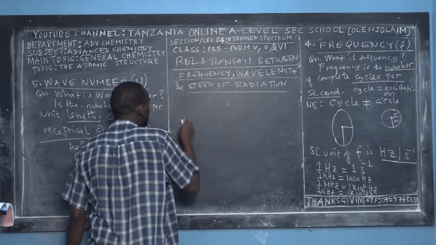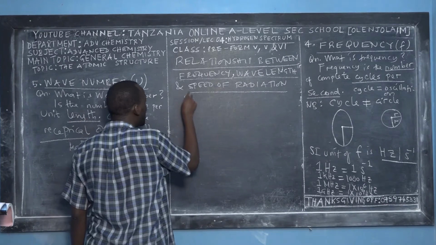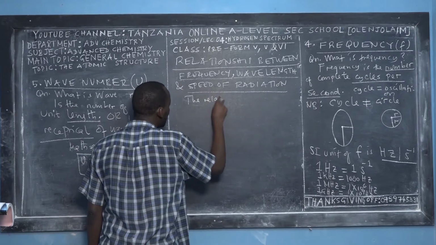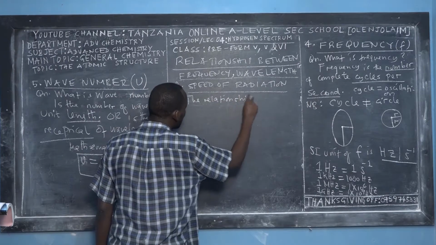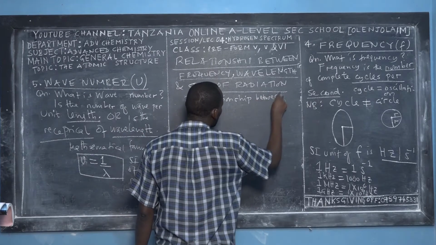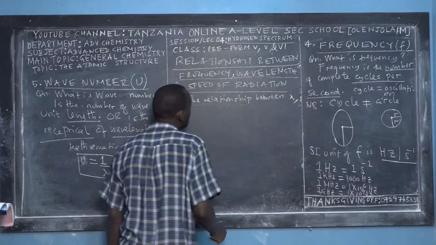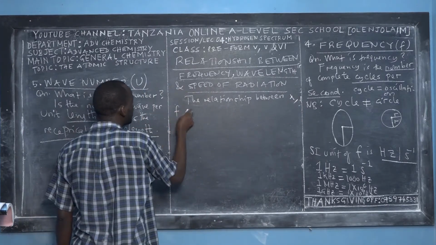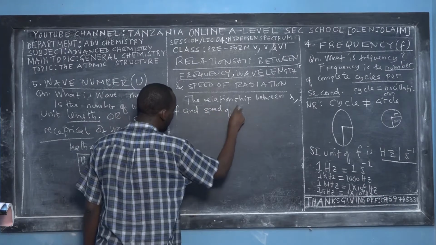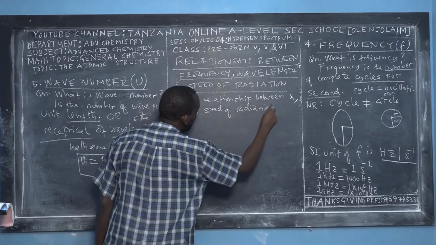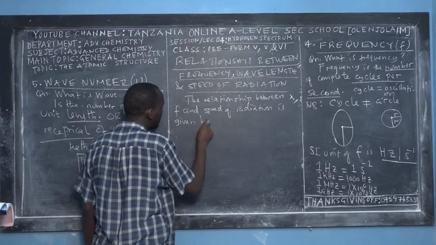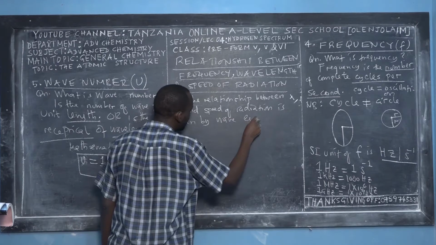So I say that the relationship between wavelengths, frequency, and the speed of radiation is given by the wave equation.